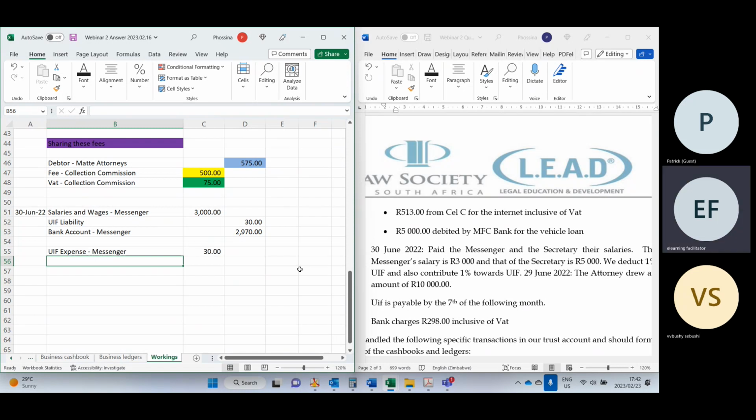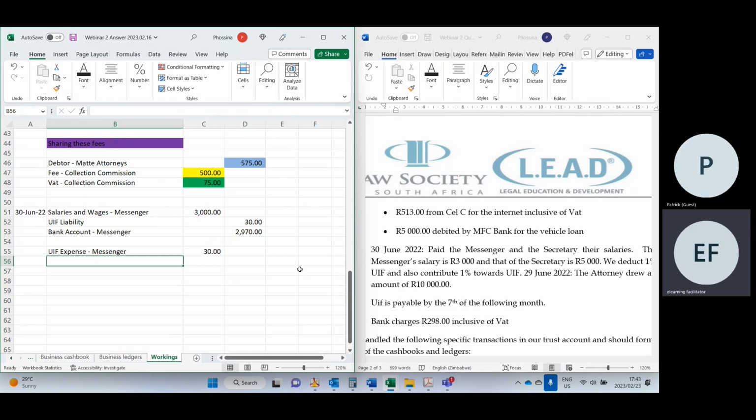So if you have agreed on a salary, say, of 5,000, you can't pay them the full 5,000 because you have an obligation to deduct 1% of that 5,000 for the UIF, you see. So even if you're a small practice, you have to comply with the labor law, the law that is there to say for your employees, you have to deduct.